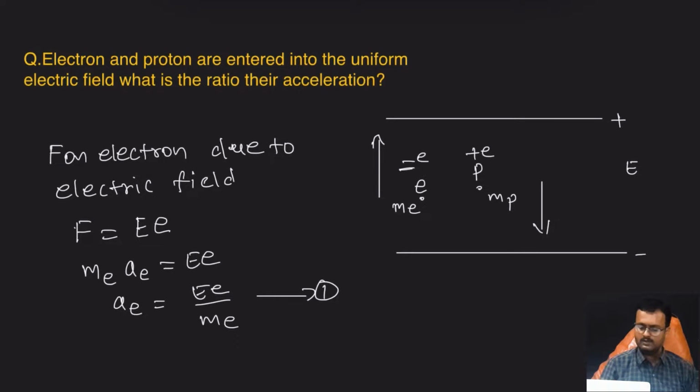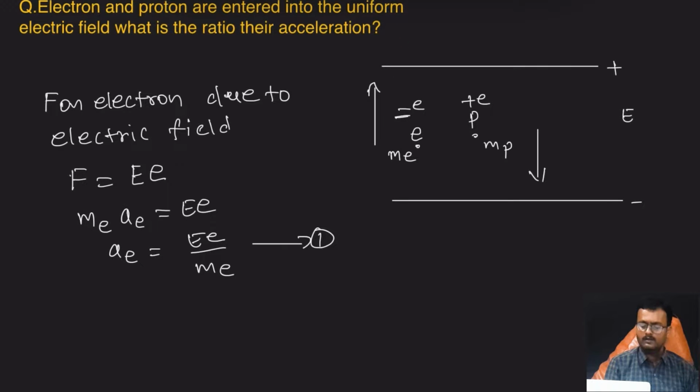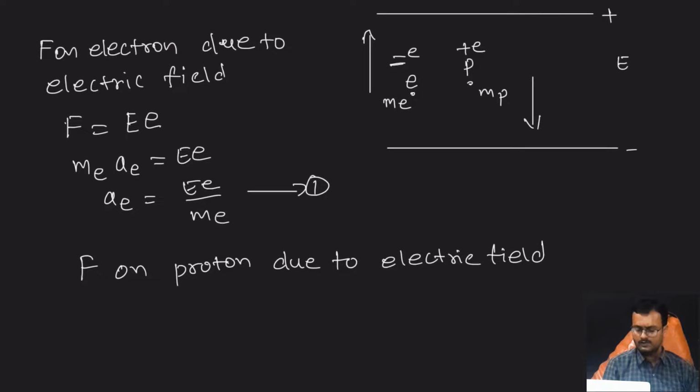Now come to the proton. Force on proton due to electric field. So F is equal to Eq, charge of proton is e, and F is equal to ma, so mass of proton is mp, acceleration of proton is ap, equal to Ee by mp.